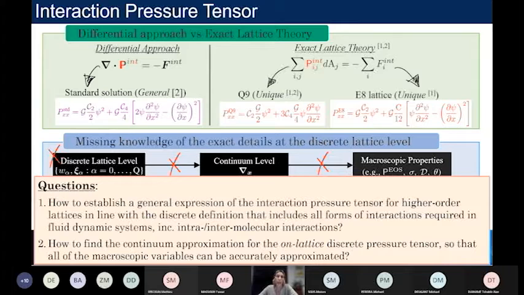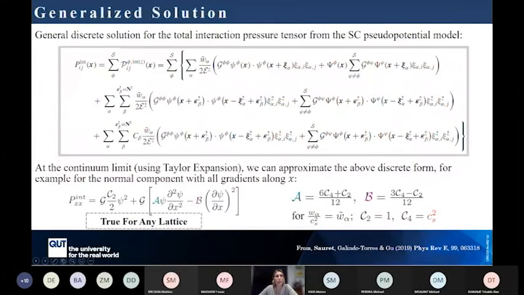And we demonstrated that the continuum solution is accurate for the macroscopic variables that we want to look at, such as pressure, surface tension, diffusion, and contact angle. I'm not going to go into the details of how we obtained this development. Just remember that the interaction pressure tensor is related to the interaction force that is given by the Shan-Chen pseudopotential that I presented before, and you can refer to our PRE paper for all the developments.